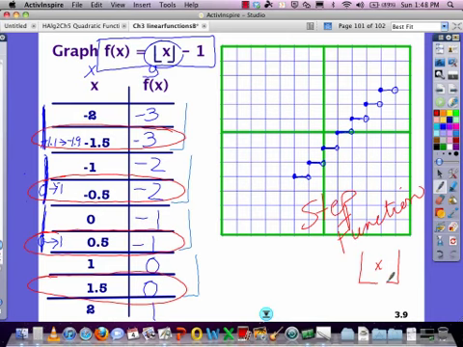Parking garage fees are usually pretty typical. They're by the hour. So if you're there for 1 hour and 2 minutes, you're paying the same price as if you're there for 1 hour and 58 minutes. So it's those kinds of situations in the real world that you will be graphing or asked to analyze based on the idea of step functions.